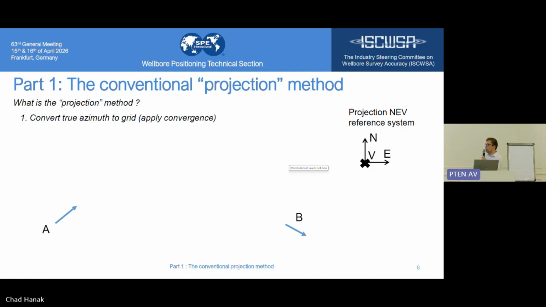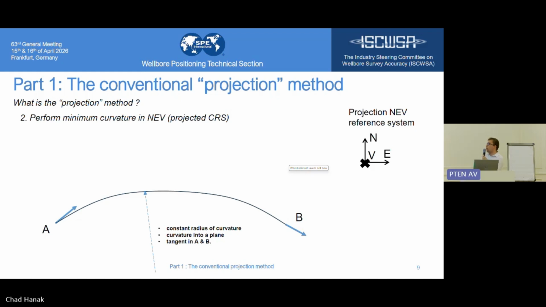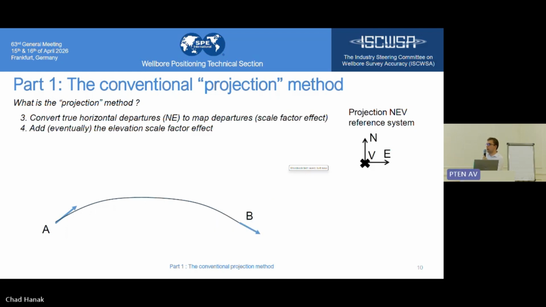Then what you do is building the point B based on A with a minimum curvature algorithm, which is described by these assumptions. And then you have to apply distortion factors only on the horizontal departures.